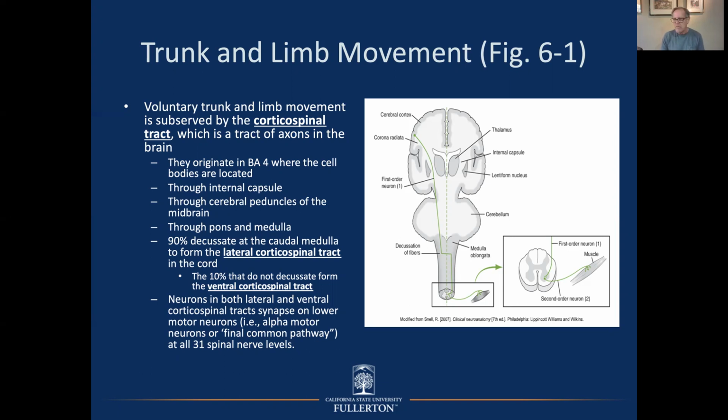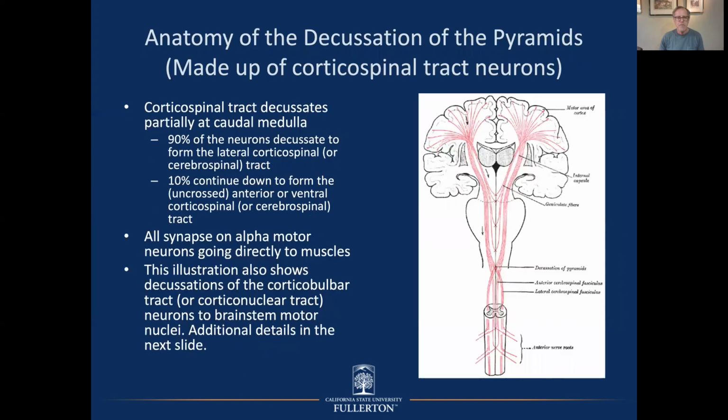Alpha motor neuron, they're called often. The final common pathway, to kind of give the idea that those alpha motor neurons get a variety of input from the pyramidal system and from the extrapyramidal. And those neurons then take the information that they have, which would be in the form of EPSPs and IPSPs, remember those, integrate it and send out a specific message to a muscle to contract X amount in those 31 pairs of spinal nerves.